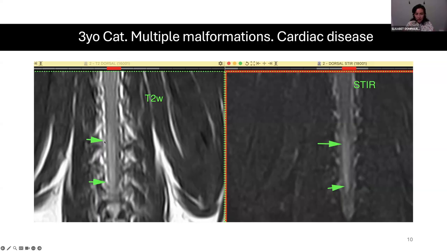And again, we can see, pointed with the green arrows, that we have this intramedullary lesion that is extensive and is hyperintense to the normal spinal cord if we compare with the more cranial segment. And it is kind of central but lateralized towards the right side.